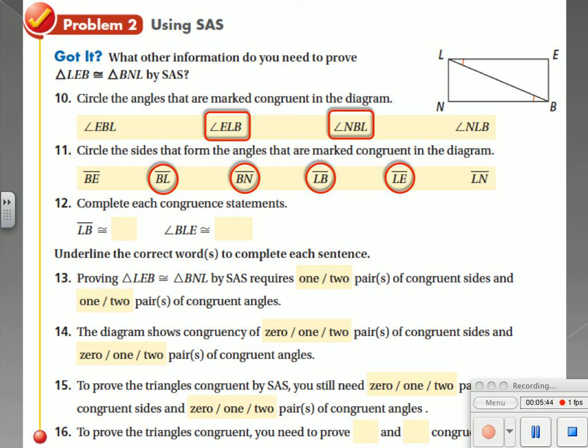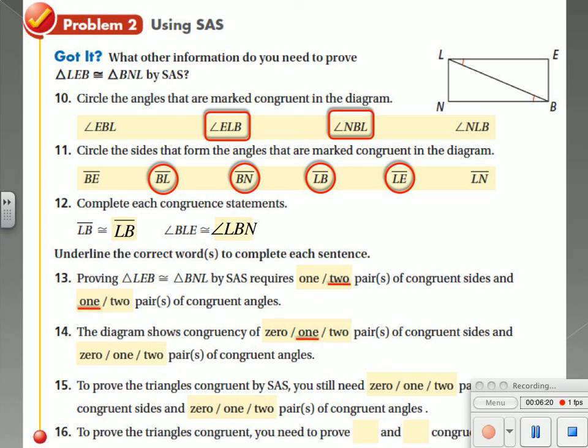So complete each congruent statement. Segment LB is congruent to segment LB by the reflexive property, and angle BLE is congruent to angle LBN. All right, and that's given. Now underline the correct words to complete each sentence. Proving triangle LEB is congruent to BNL by SAS requires 2 pairs of congruent sides and 1 pair of congruent angles.